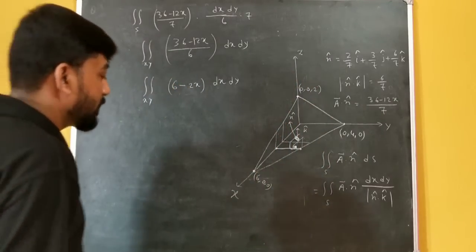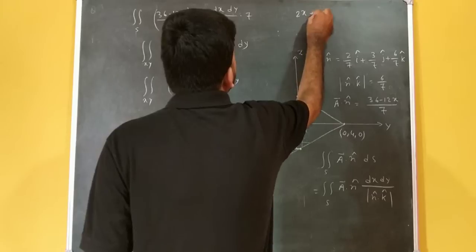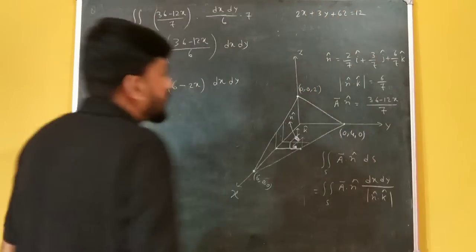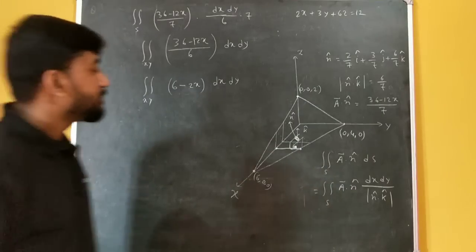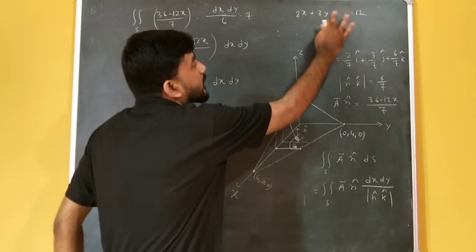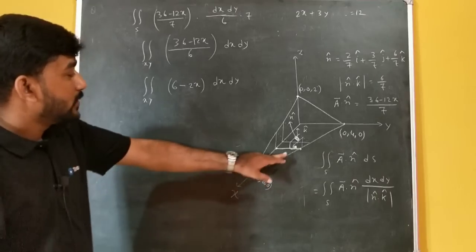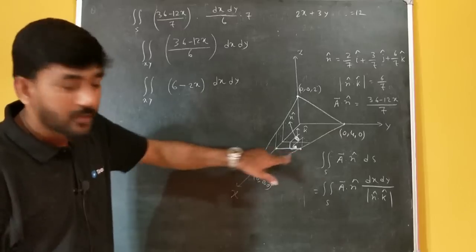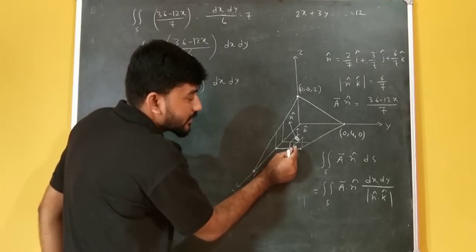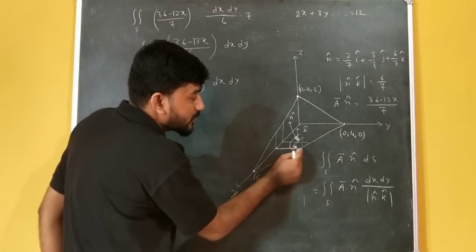So what was our equation of plane? 2x plus 3y plus 6z is equal to 12. This was our equation. So now on xy plane z is 0, so it will be just 2x plus 3y is equal to 12. Now initially the limit of y will vary from this point to this point, so that this dx dy means this small area element will be from this point to this point.